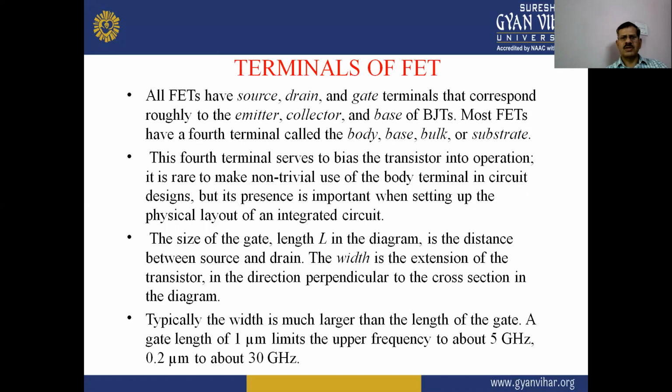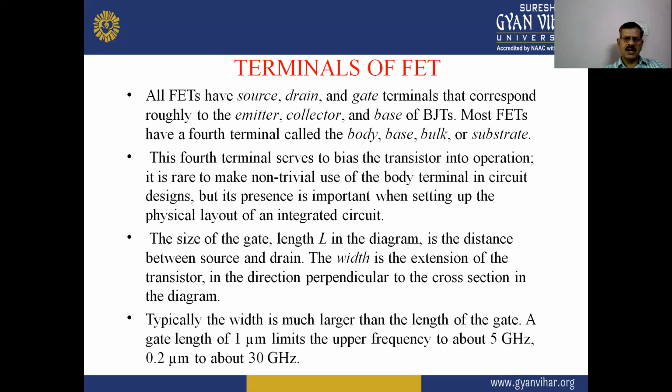The terminals of the FET are the gate, source and drain. All FETs have source, drain and gate terminals that correspond roughly to the emitter, collector and base of the BJT. Most FETs have a fourth terminal called the body, base, bulk or substrate.